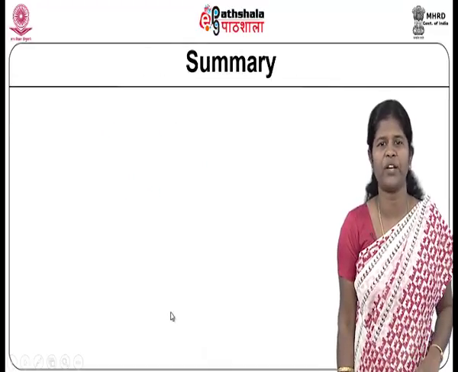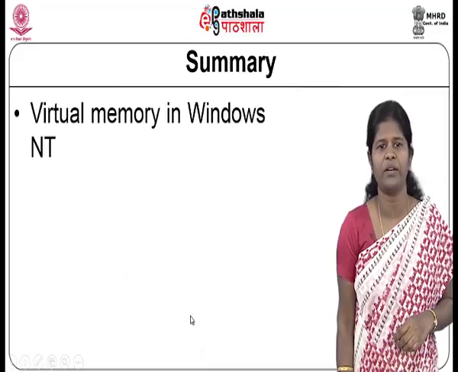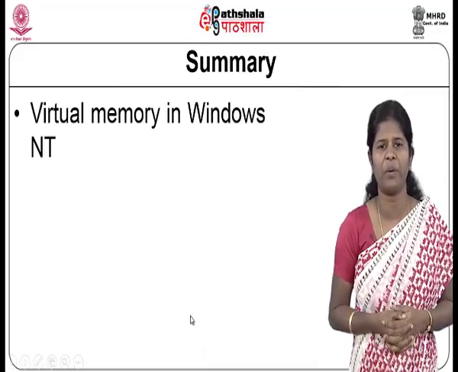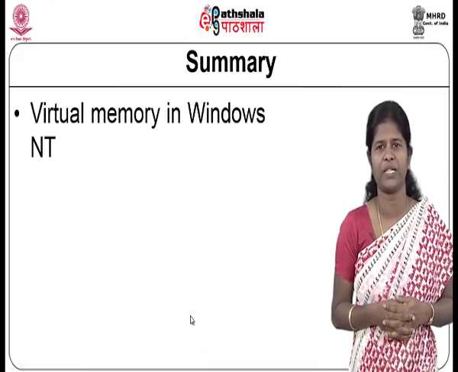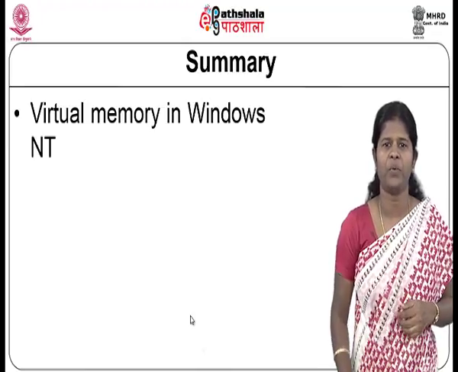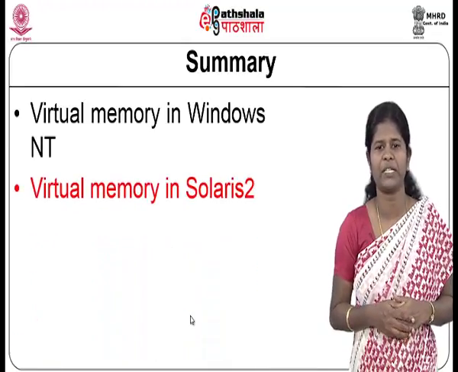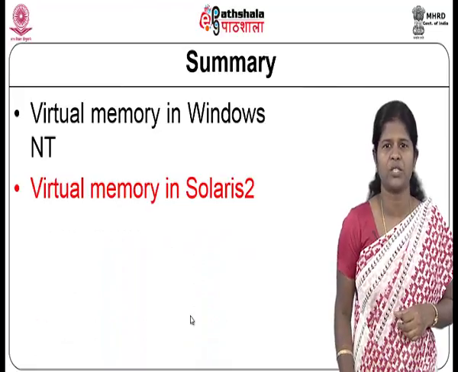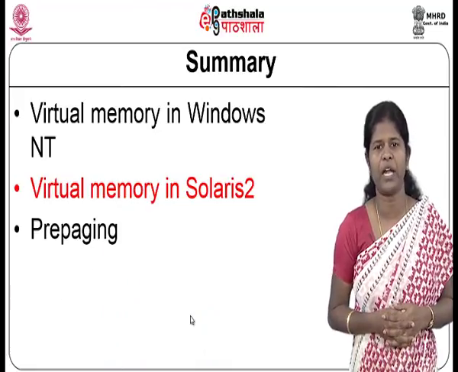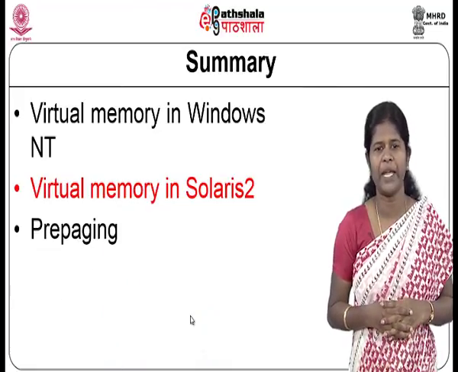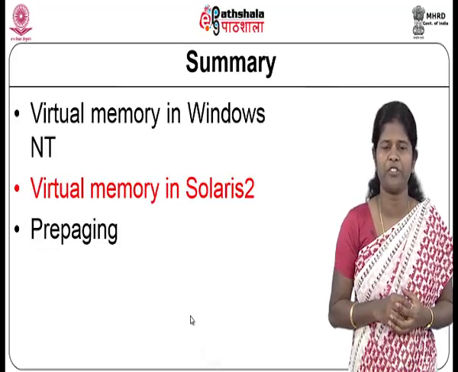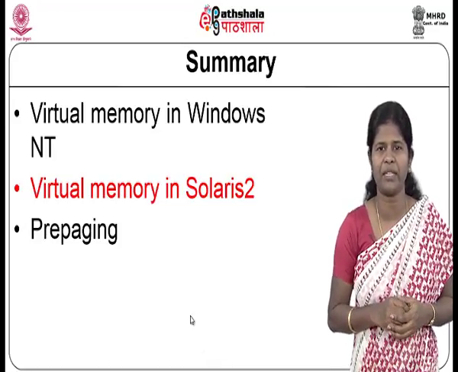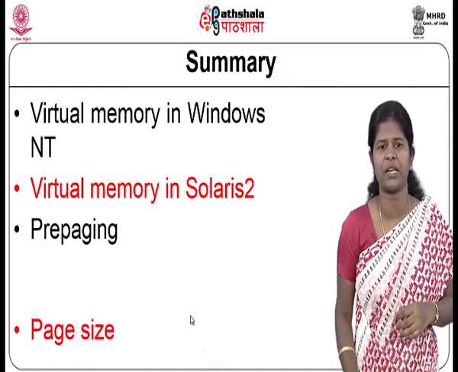So, summarizing what we have seen in this module, we first understood how virtual memory is implemented in Windows NT, and then we learned how virtual memory is implemented in Solaris 2. Then we learnt about pre-paging, where you try to bring a set of pages into the main memory rather than bringing only the page that is required.